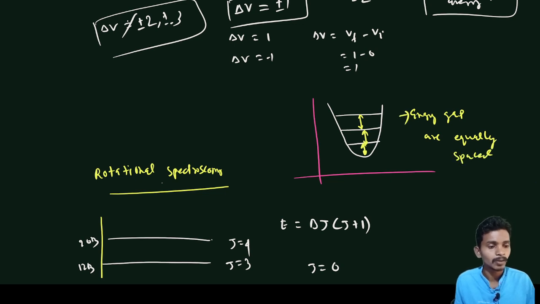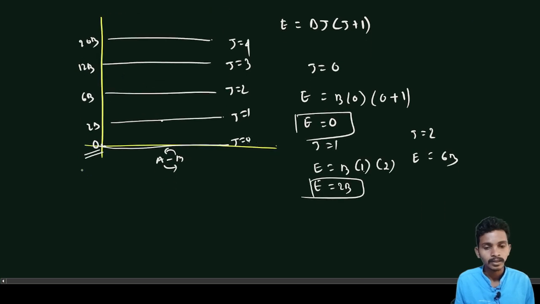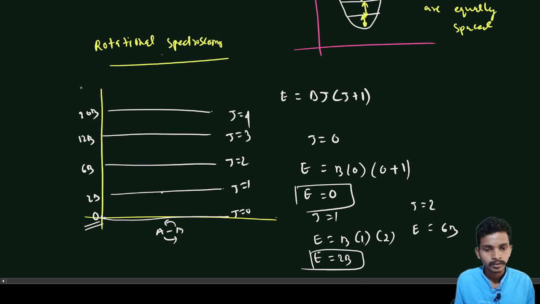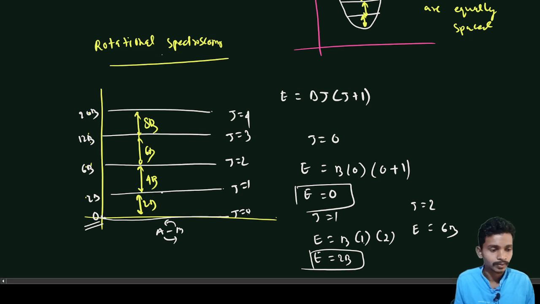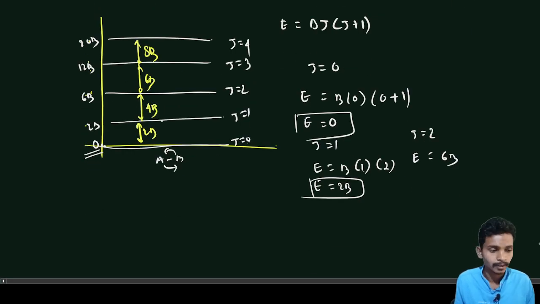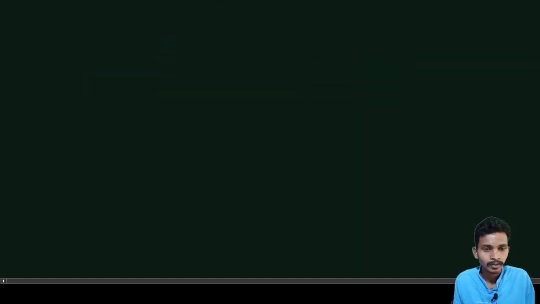But if you look at the rotational spectrum, the difference here is 2B, and when you go here it is 4B, and then 6B, and then 8B. It means it is continuously increasing as you go to the higher energy levels.